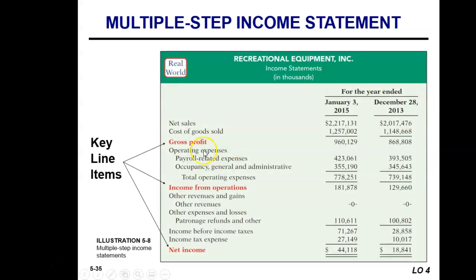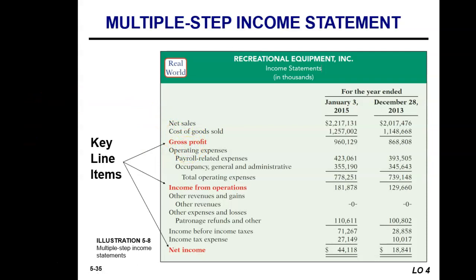To get your gross profit, net sales minus your cost of goods sold gives us our gross profit. To get our income from operations, you take your gross profit less your operating expenses.